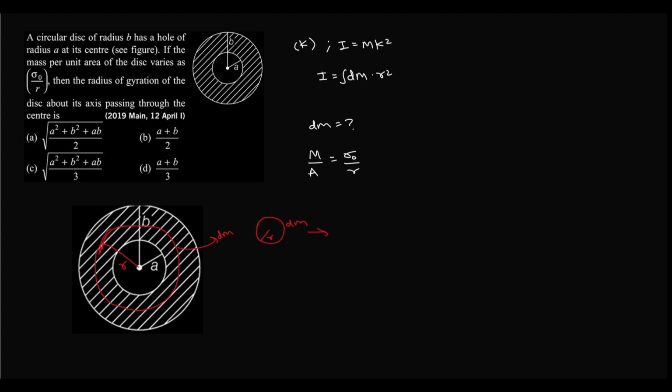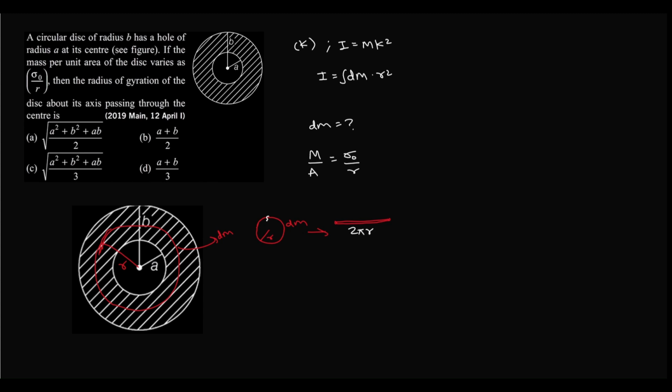If I just cut this out, this ring can be shown like this. So the length of the ring will be equal to the perimeter of the ring, which is nothing but 2 pi r.